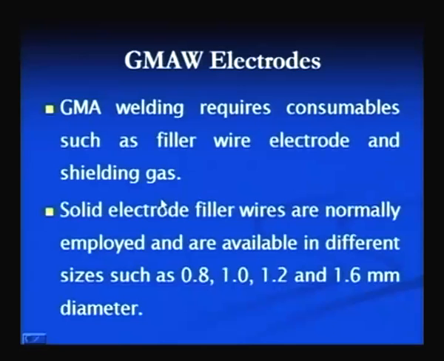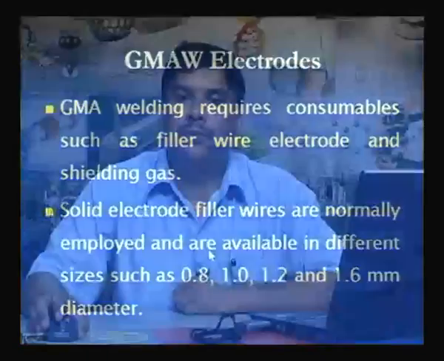Normally solid electrode filler wires are used, available in different sizes from 0.8 to 1.6 mm in steps, including 1.2 mm in diameter. There is no limit on electrode length because the electrode is fed and consumed continuously. That is why electrode size normally refers to the diameter, and these are the common electrode diameters used in the gas metal arc welding process.